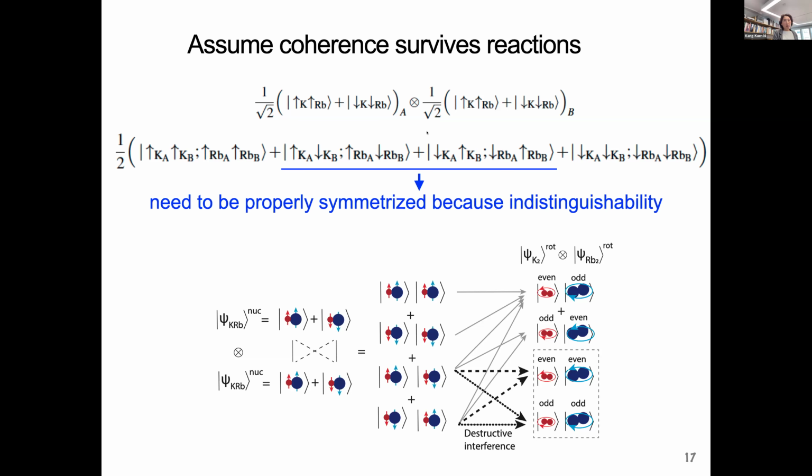And we also know that potassium A and B, or rubidium A and B, are indistinguishable, so we need to write it in a combined spin basis. So we need to properly symmetrize that.